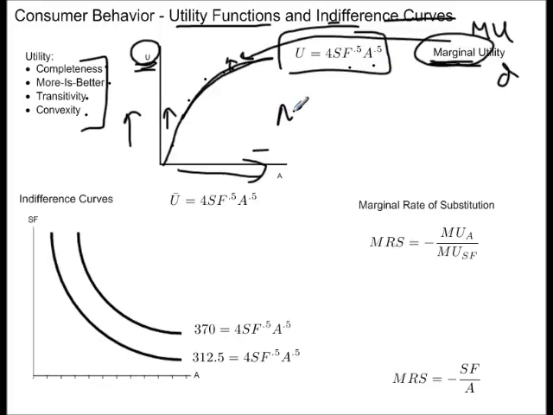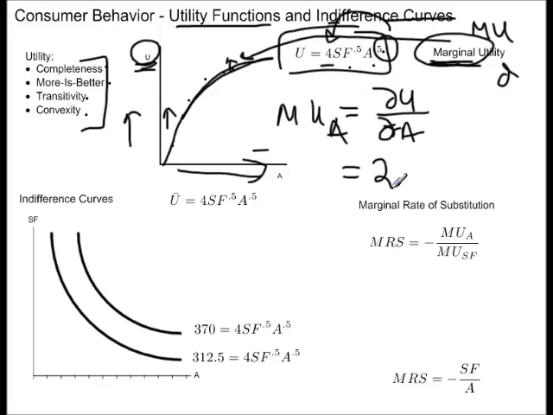The marginal utility of an apple, that is to say, how much additional happiness I have from an additional apple, is the partial derivative of utility with respect to apples, which, if you remember a little bit about derivatives, we take by bringing the exponent down and multiplying it in the front. So 4 times the 0.5, 2.